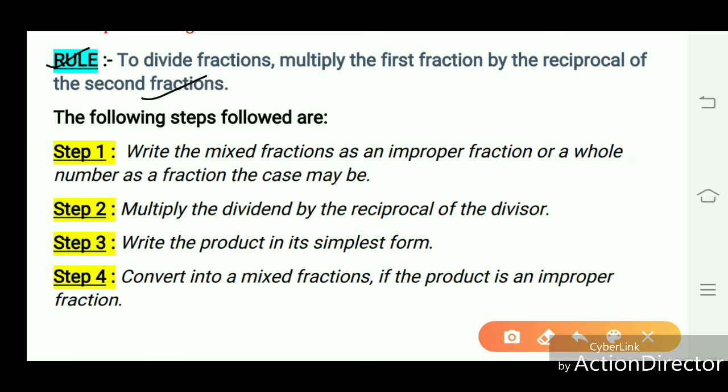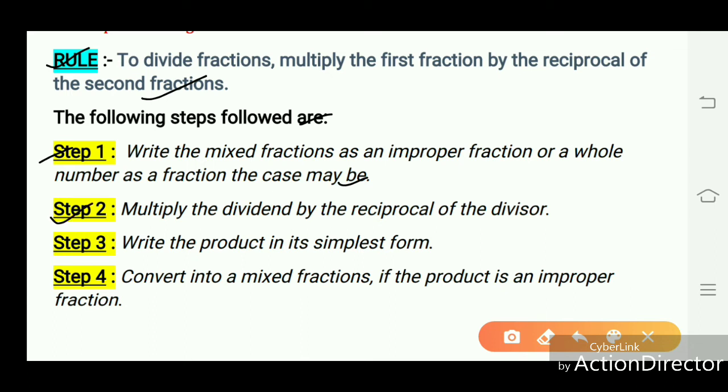If we divide one fraction by another fraction, we follow the following rule and the following steps. Step 1, write the mixed fraction as an improper fraction or a whole number as a fraction, as the case may be.